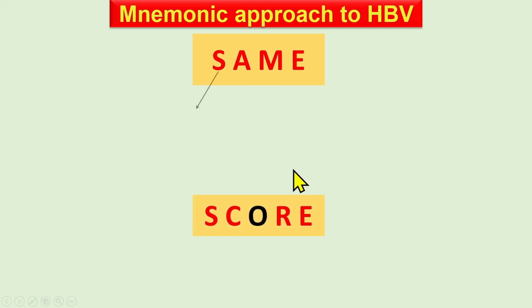Let's look at this mnemonic to pick up the MCQs easily. The mnemonic is SAME score. S represents HBs, A represents acute, M represents IgM, and E represents HBe. So in the acute infection, you will see HBs positive, IgM positive, HBe positive.